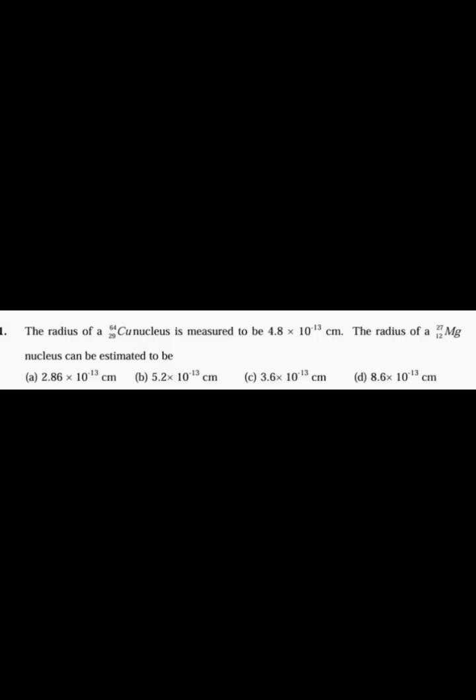The first question is, the radius of a 29Cu64 nucleus is measured to be 4.8 × 10^-13 centimeter. The radius of a 12Mg27 nucleus can be estimated to be dash.